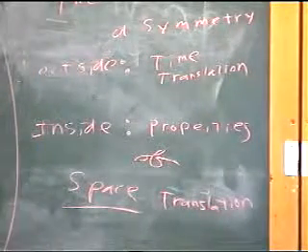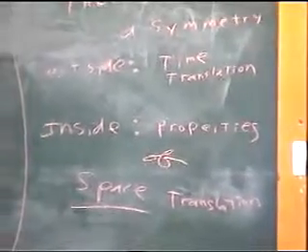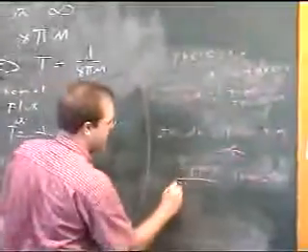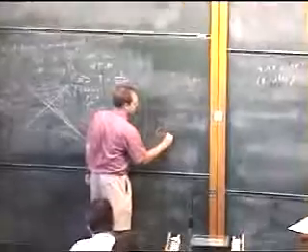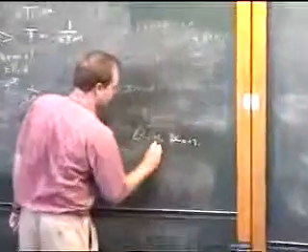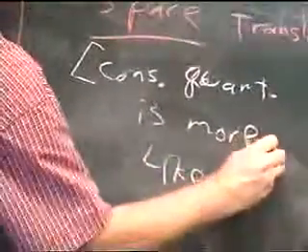And do you know what is the conserved quantity associated usually with space translation symmetry? Momentum. So as a result, inside the conserved quantity is more like momentum.